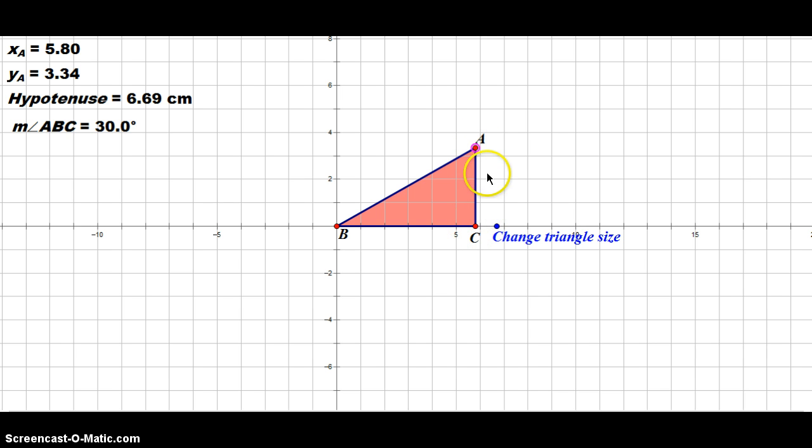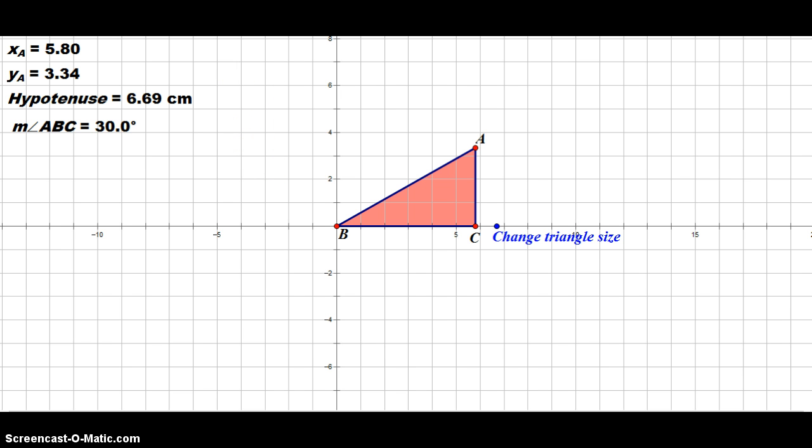That side is actually determined by the height of this point, how high it is, and that's actually the y-coordinate of A. So this side length is 3.34. The hypotenuse, of course, is AB. So I can do a calculation on a piece of paper, or I can actually use GSP to calculate that.